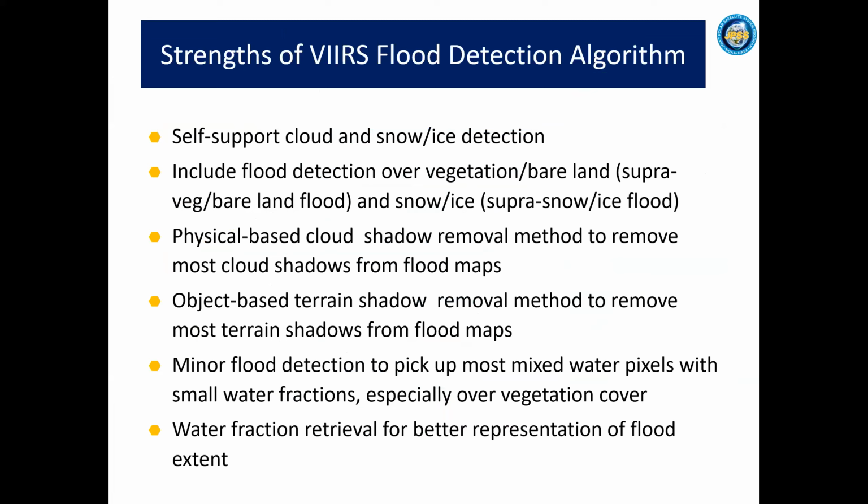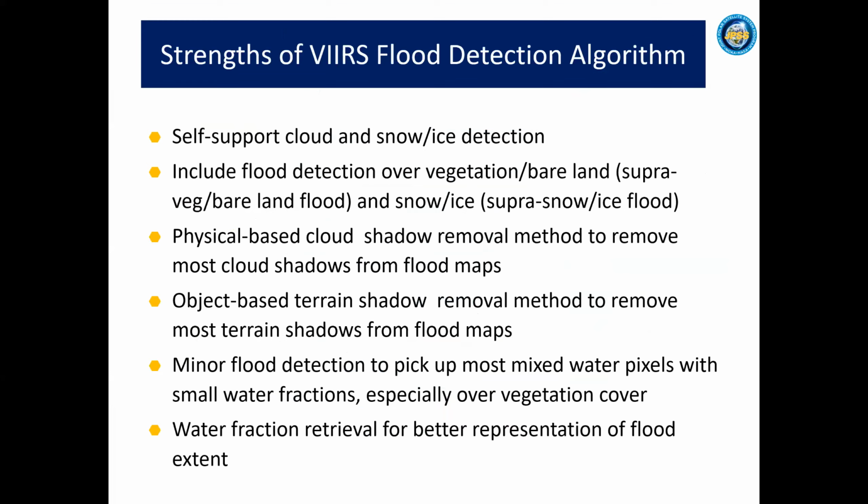There are some special features of the VIIRS flood detection algorithm. It has a self-supported cloud and snow ice detection capability. It can detect flood over vegetation, bare land, and snow ice surface.